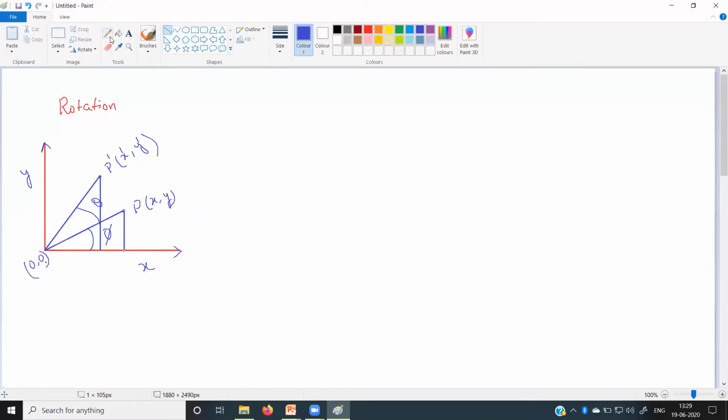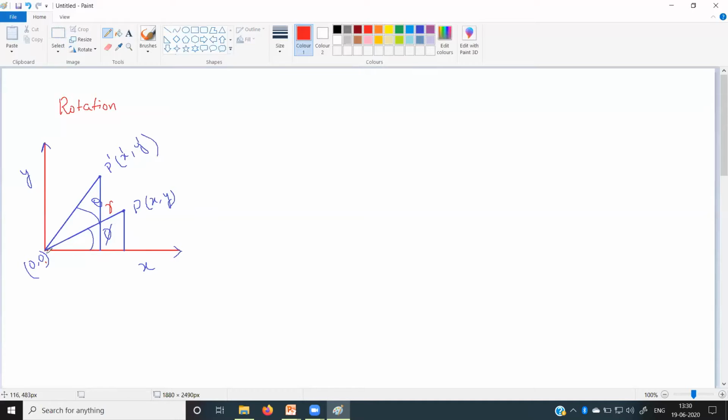Now you can see that while we are rotating the point P to P dash, the length of this particular line is R. So I am taking a line with radius R and rotating it.